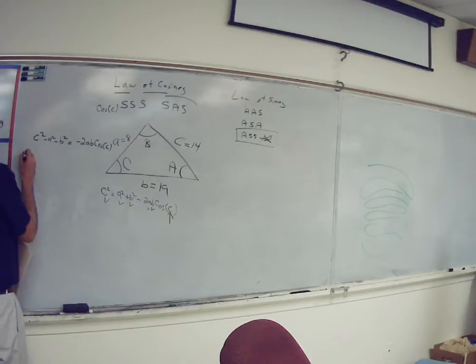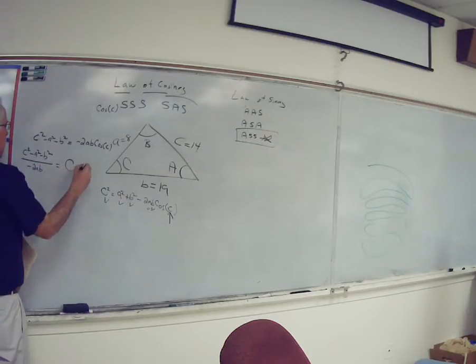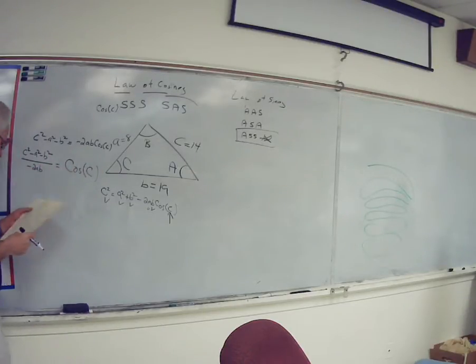So C squared minus A squared minus B squared over minus 2AB is equal to cosine of C. Would everybody agree with that? Yes. Okay.